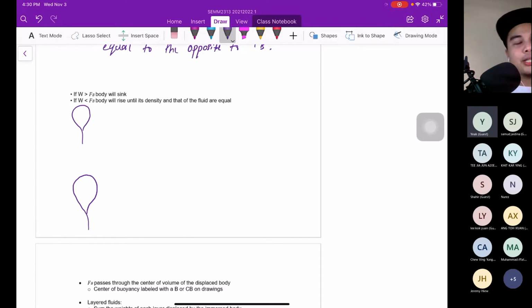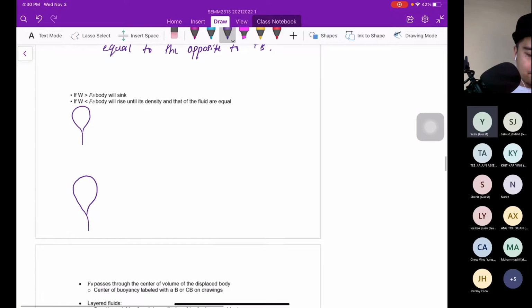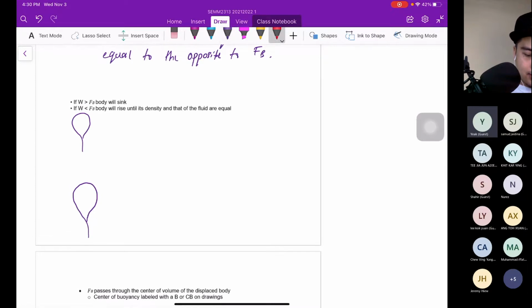This is because the buoyancy force is equal to the weight of the displaced volume. We are living in the atmosphere, which is separated by different densities. At the ground, the density is higher. At higher altitude, the density is lower.